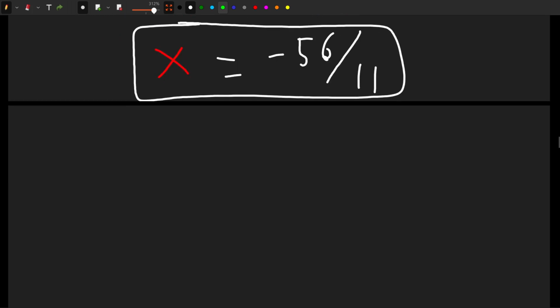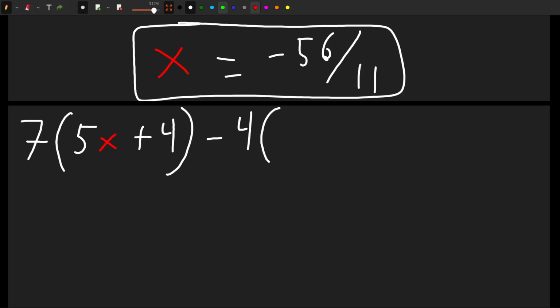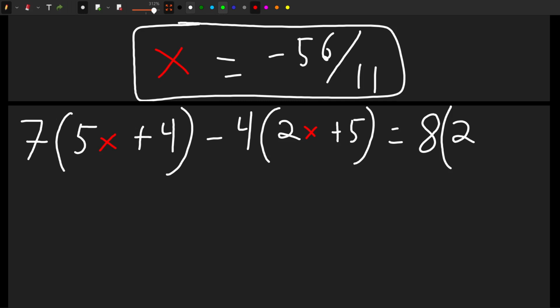I'm just going to rewrite what I started with, which was 7 times, actually I want to have a little bit more space. 7 times (5x plus 4) in parentheses minus 4 times (2x plus 5) in parentheses is now going to be equal to 8 times (2x minus 6).